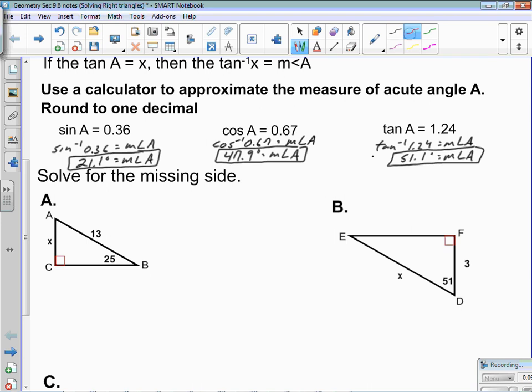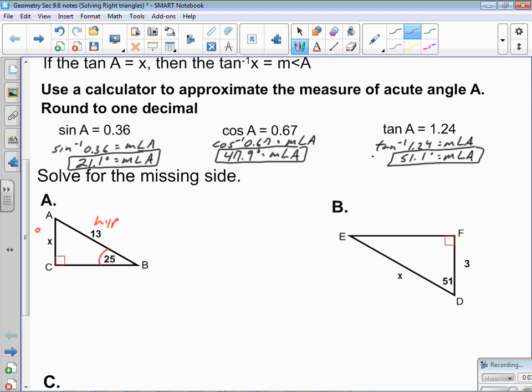So if I'm focusing on angle B, then side AB is what side of that triangle in relation to angle B? And that's our hypotenuse. And then AC would be what in relation to angle B?